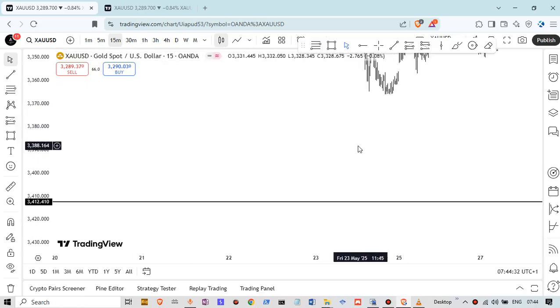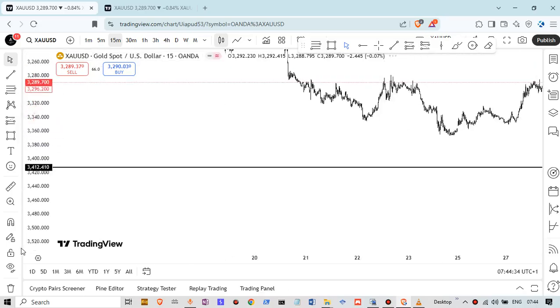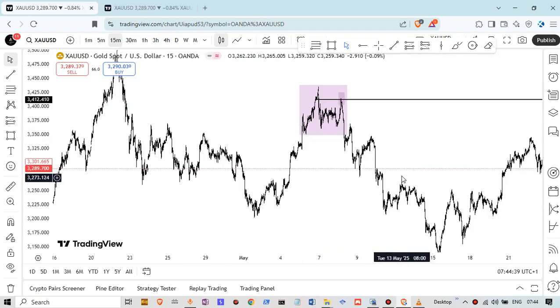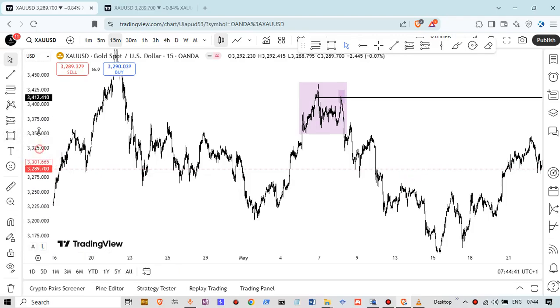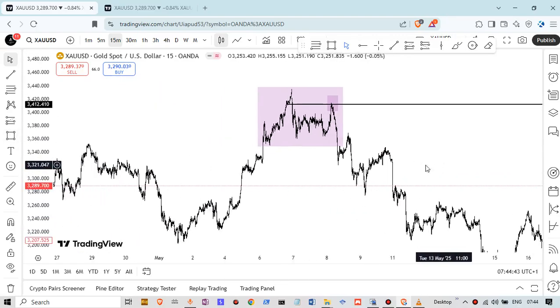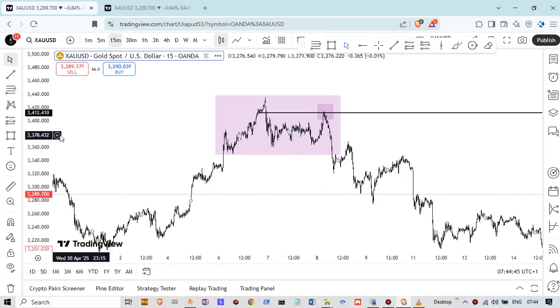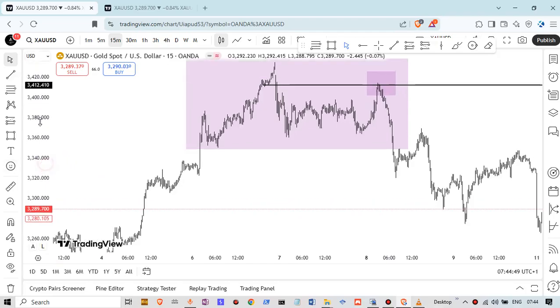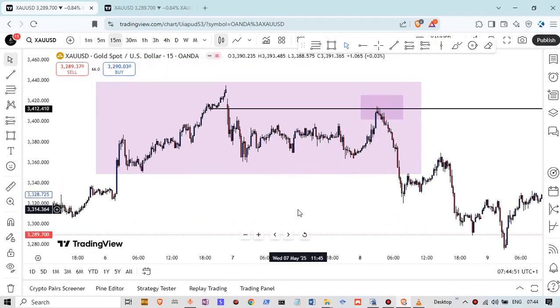Now let us take it back the other way around, to flip it back. I did that to show that if you're analyzing charts, trying to get the market structure, and you're having some confusion, sometimes reversing the chart can give clarity, so you can know what to do if it was the other way around.